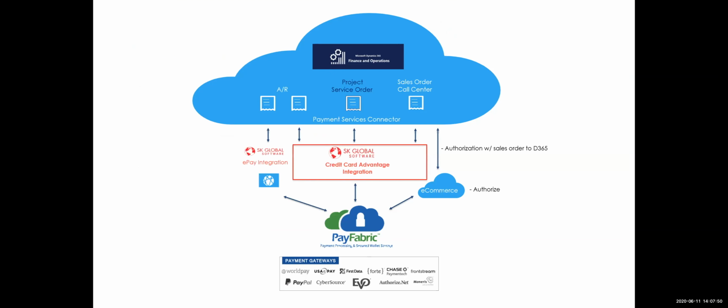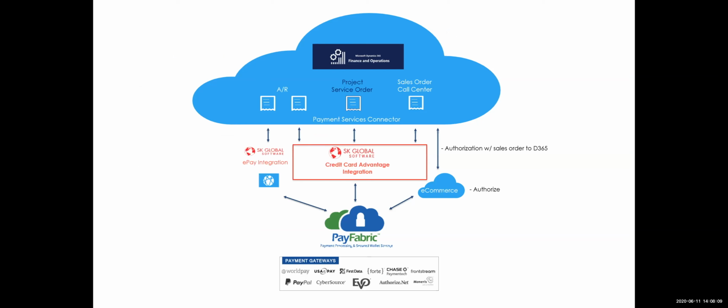This is the last slide for today, and then we're going to jump into software. As some of you might know, we have two solutions that we offer that support various scenarios around credit card processing. The solution on the left here we call ePay Advantage.